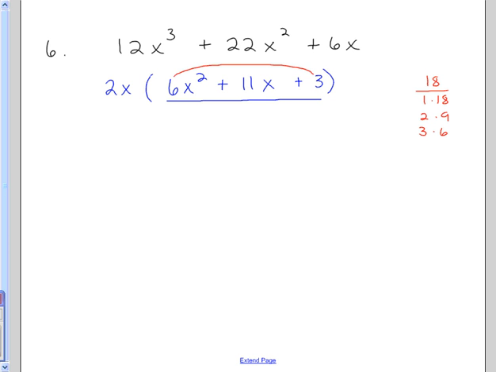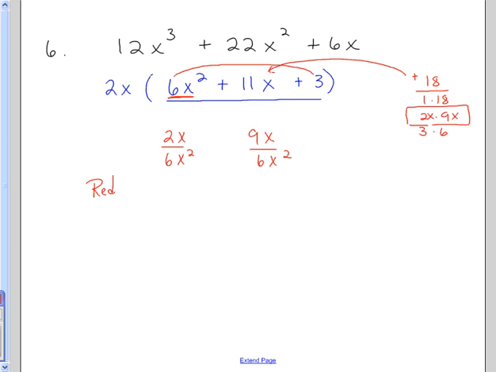What two numbers will add, because it's positive, add to be 11x. Okay, so we know that'll be 2 and 9, both positive. Attach x, so I would have 2x and 9x. Divide by the first term of this trinomial, which is 6x squared.